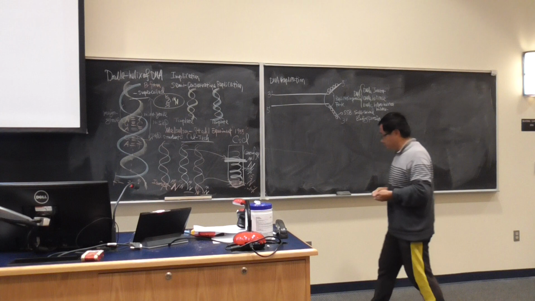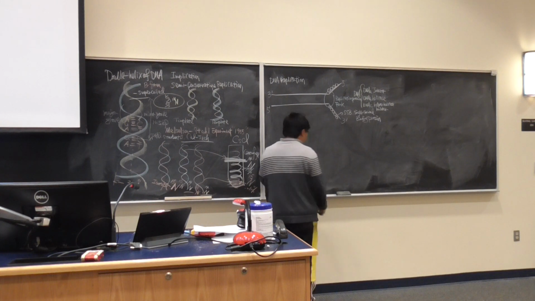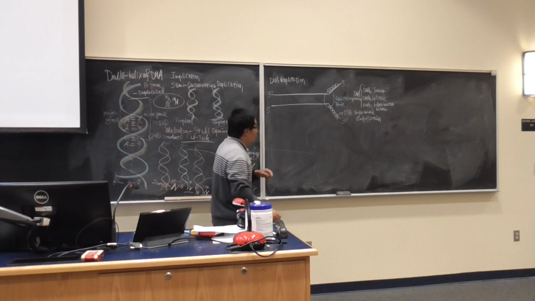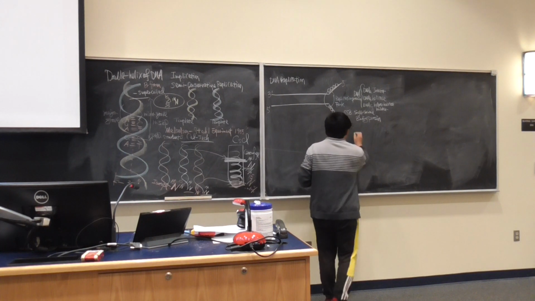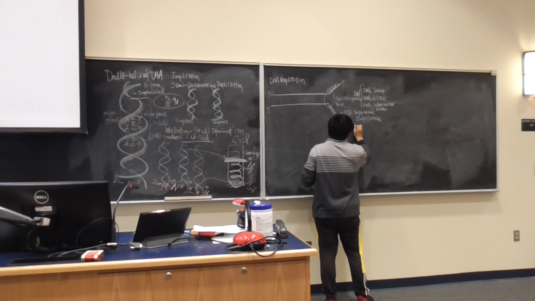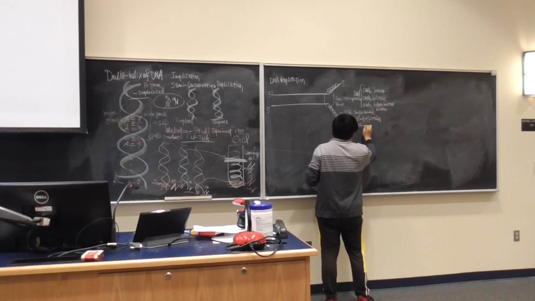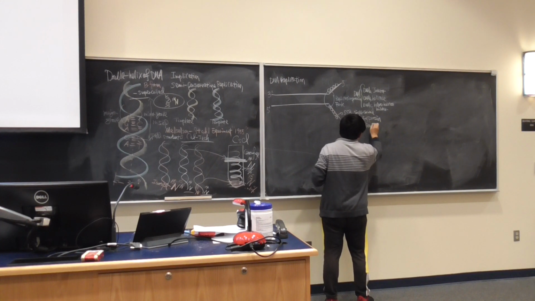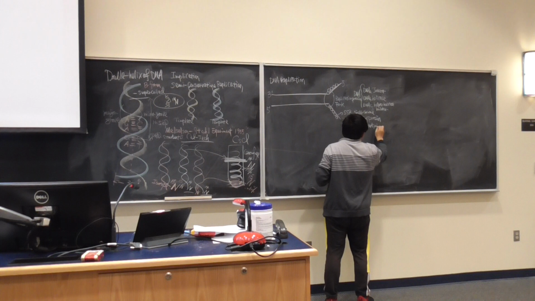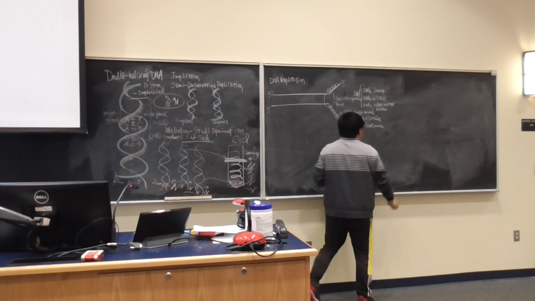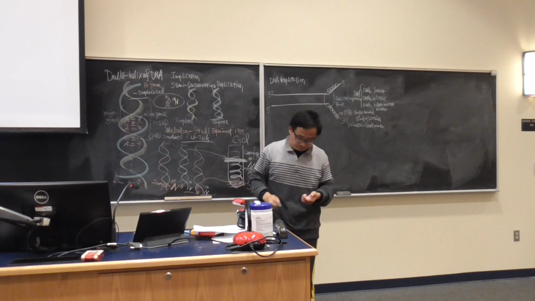Okay, now we start to do replication. Everything's ready, let's say. Now, no matter which strand it is, we all need primase to synthesize a small sequence of RNA primer to initiate the DNA replication.